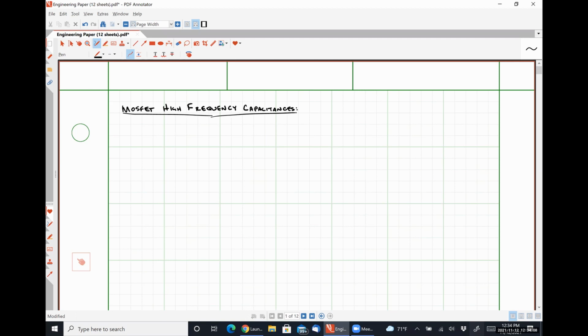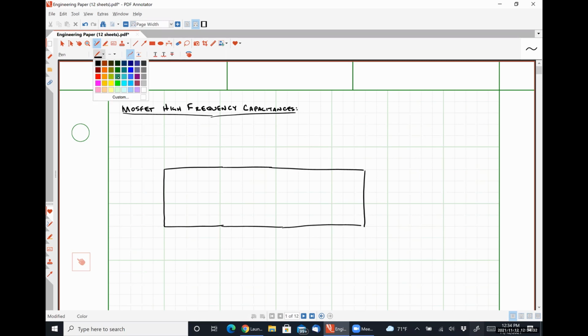So if we took a look at a MOSFET transistor during saturation, we would have something that looks like this. Here is our substrate. We have an N+ region that is serving as our source.